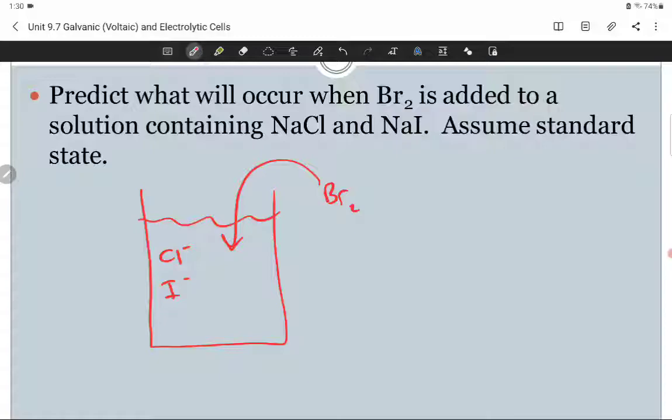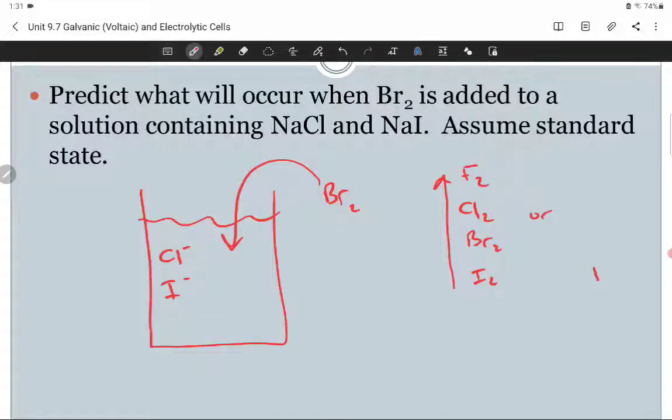This is actually the activity series, and the reason I threw this in here is because these standard reduction tables are actually activity series. So the activity series that you may have learned went like this. F2 would be the most active, I2 would be the least active.